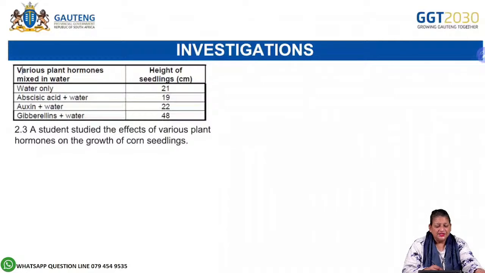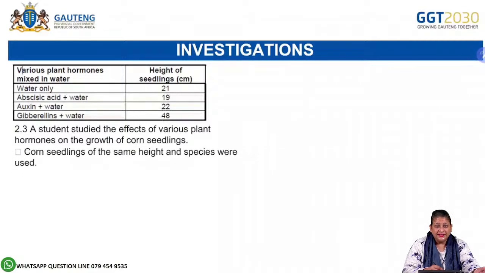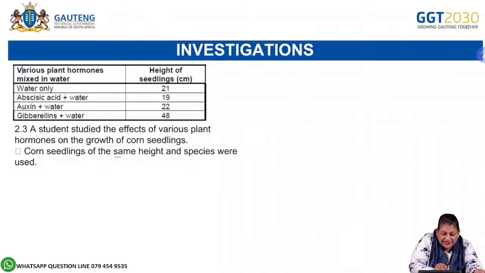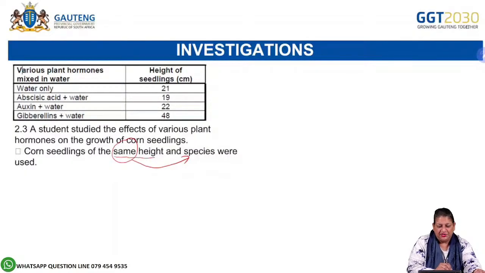A student studied the effects of various plant hormones on the growth of corn seedlings. Now we know that the seedlings they're talking about here is corn seedlings. So read nicely in the passage. Corn seedlings of the same height, and also use this word same with regards to species.